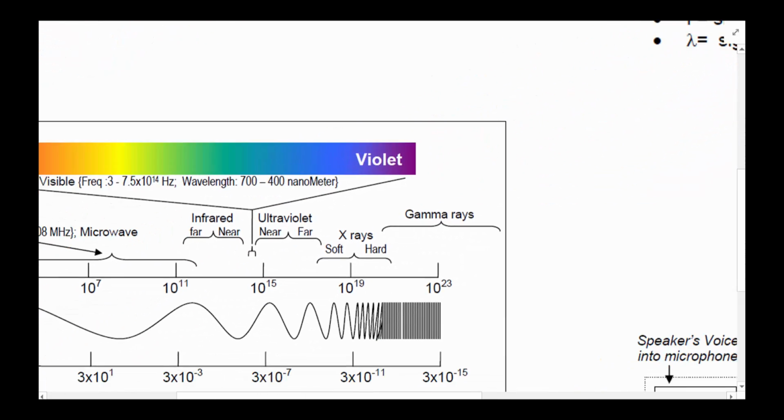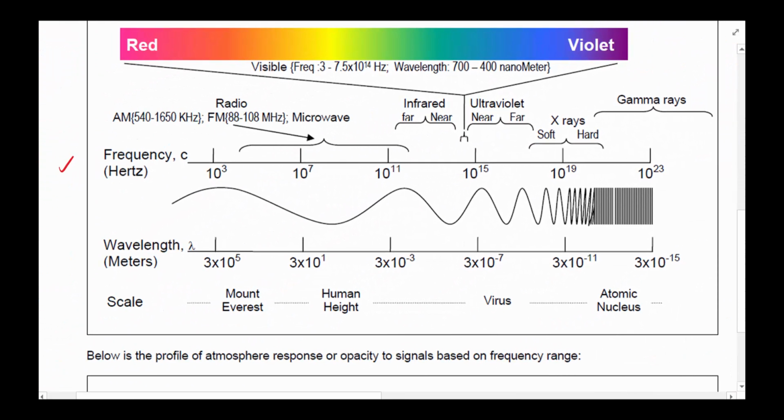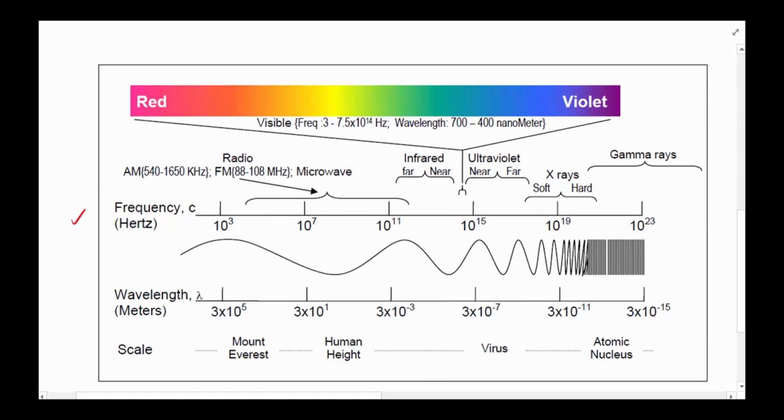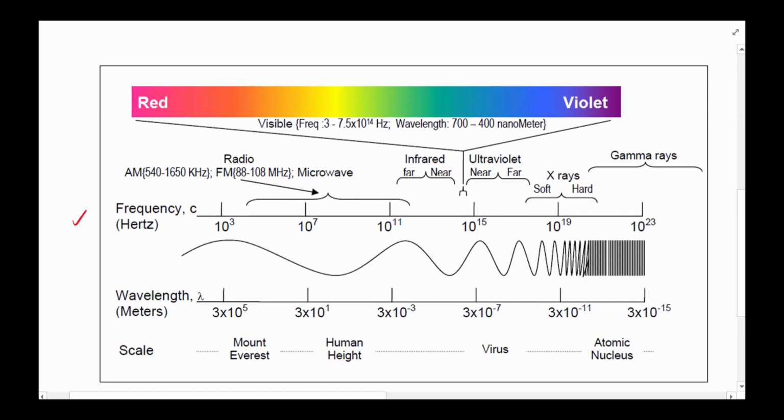So let's take a look at some of the names you've heard and translate them to the frequency of the signal we are talking about, as well as the wavelength. As you can see, as the frequency goes up, the wavelength goes down. That makes sense, because lambda equals c over f.